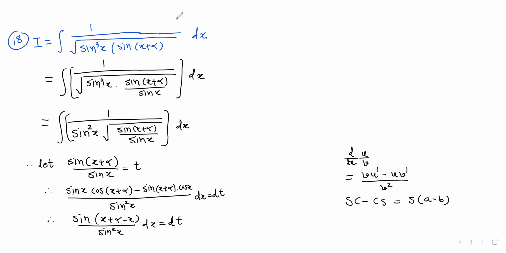Okay, so now x gets cancelled. Therefore, sin alpha upon sin square x dx is equal to dt.